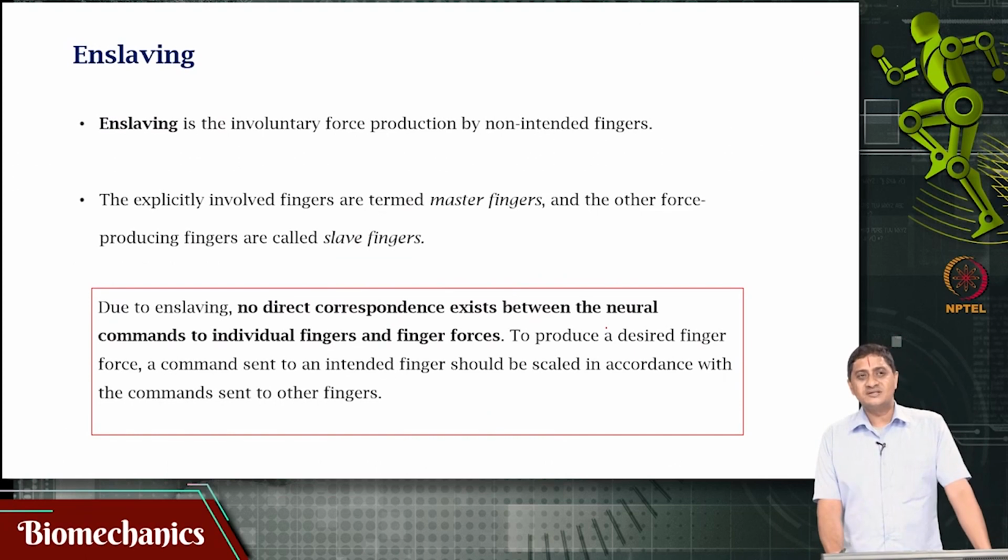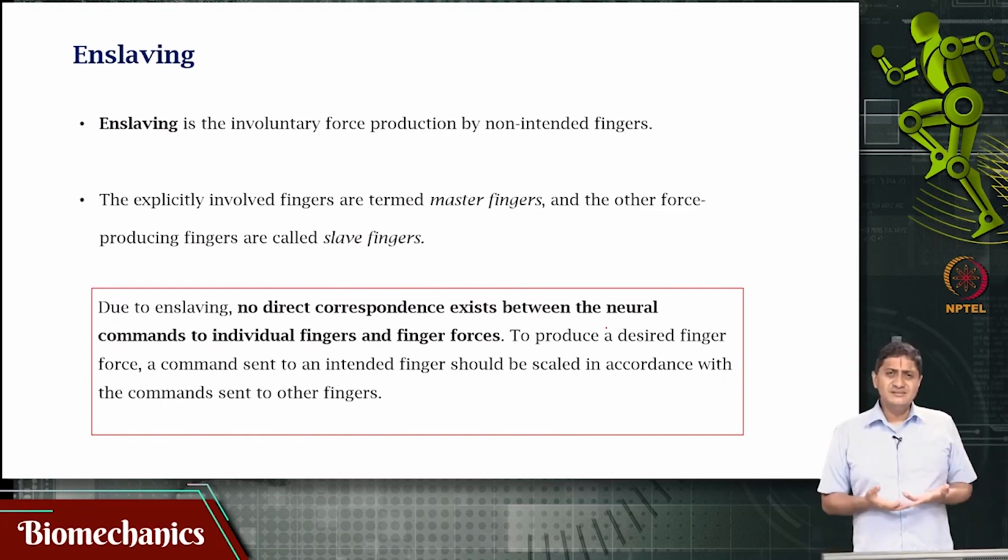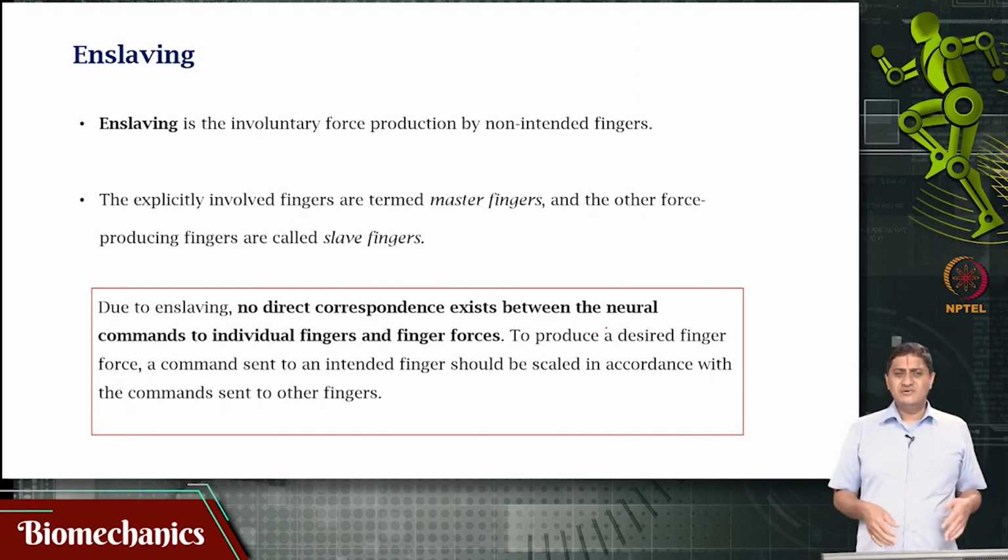We just discussed what enslaving is. It is either unintended or involuntary movement found in fingers, called lack of finger individuation, or kinematic enslaving.